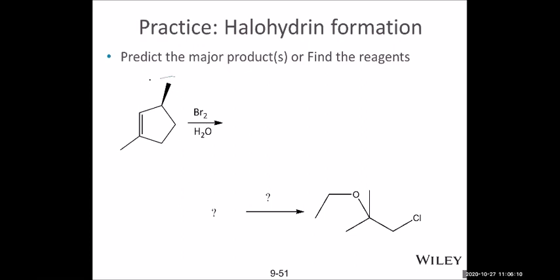Notice this is a cyclopentene with a chiral center. This chiral center is not involved in the reaction. It needs to remain unchanged. The reaction should take place on this double bond. And you have bromine and the solvent or nucleophile as water.